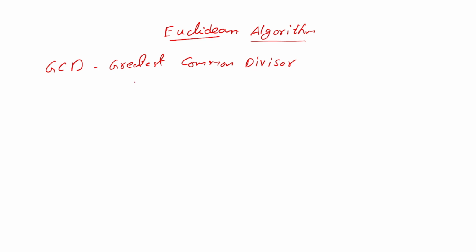So here we need to find the divisors of both values, then find the common divisors of both values, and out of all the common divisors, pick the greatest one.